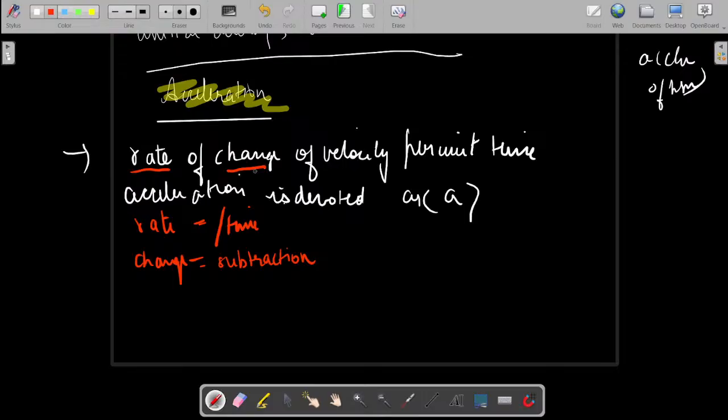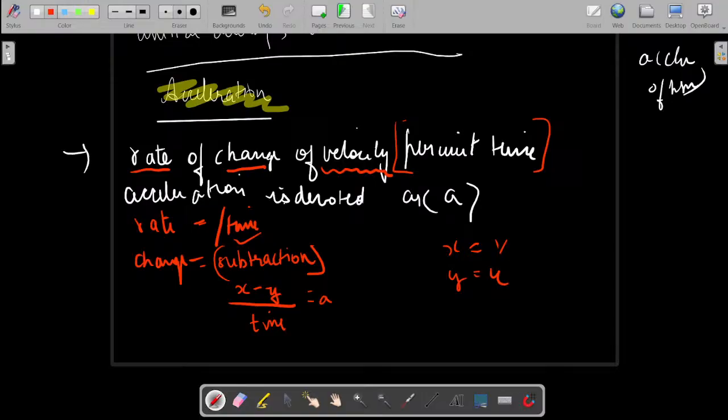That is acceleration. So what is x? x is equal to v and y is equal to u. So v minus u by t. I said before that final velocity is v and u is initial velocity.